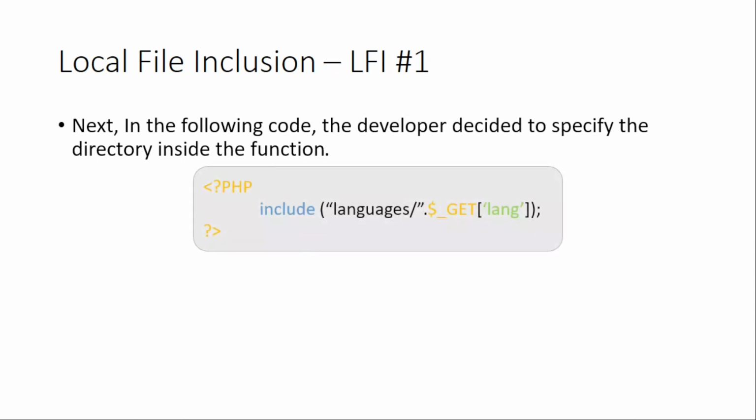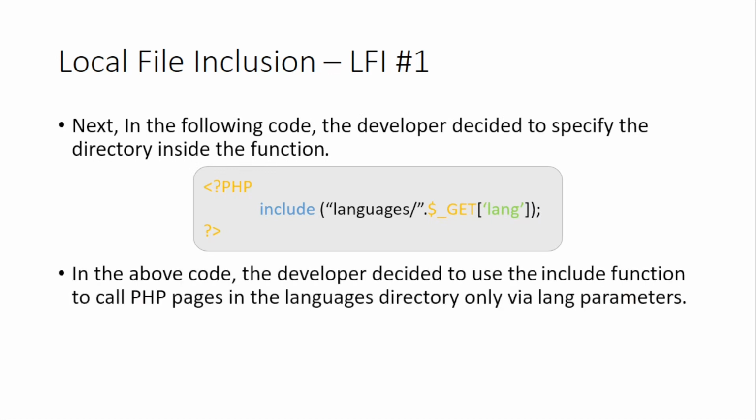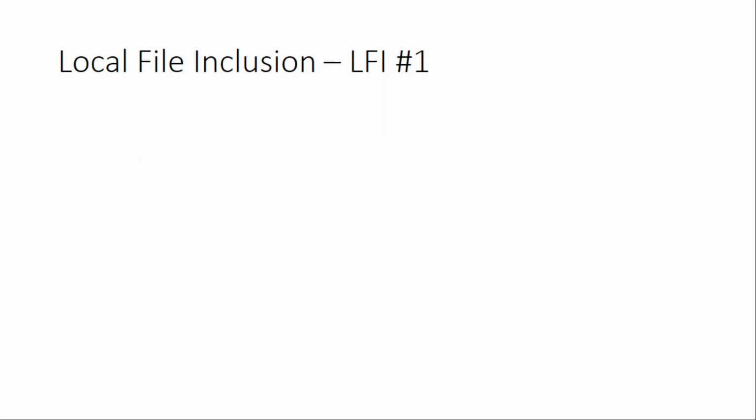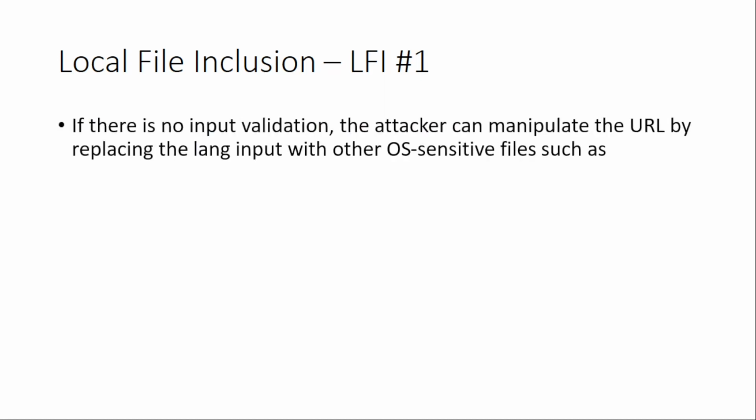So they changed it to this code, and here the developer decided to use the include function to call PHP pages in the languages directory only via the lang parameter. And if there is no input validation, again, the attacker can manipulate the URL by replacing the lang input with other OS sensitive files, such as, again, /etc/passwd.